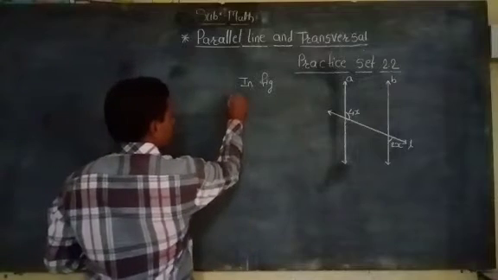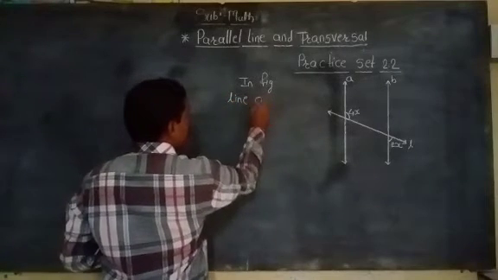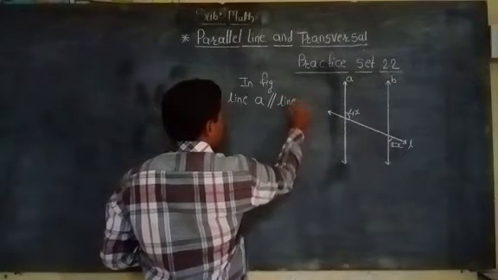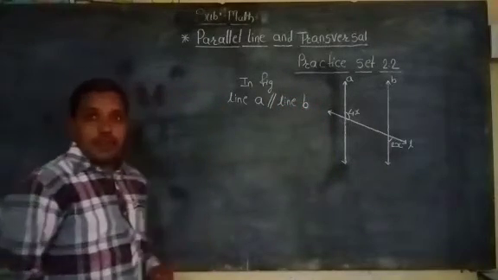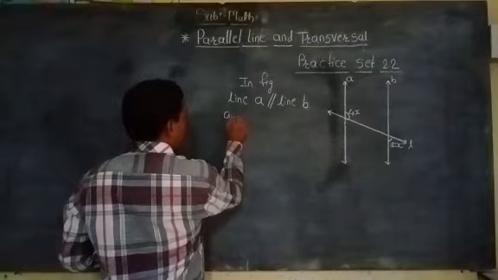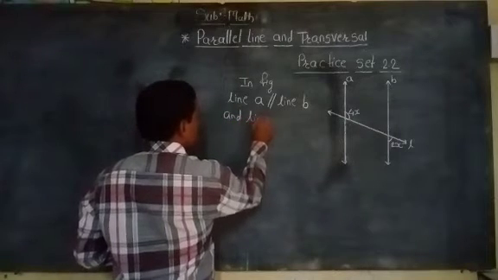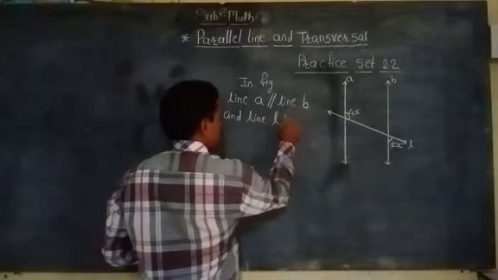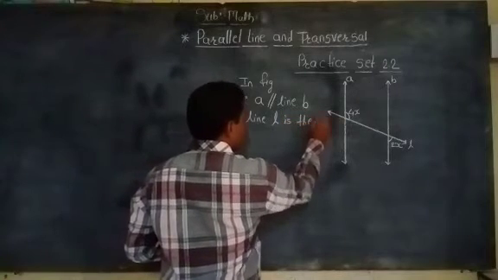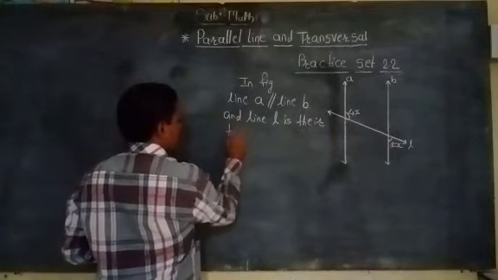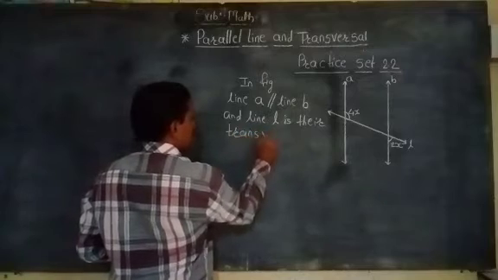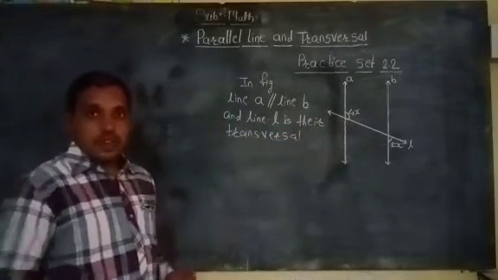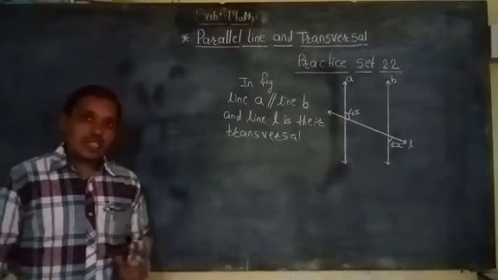In the figure, line A is parallel to line B, and line L is their transversal.